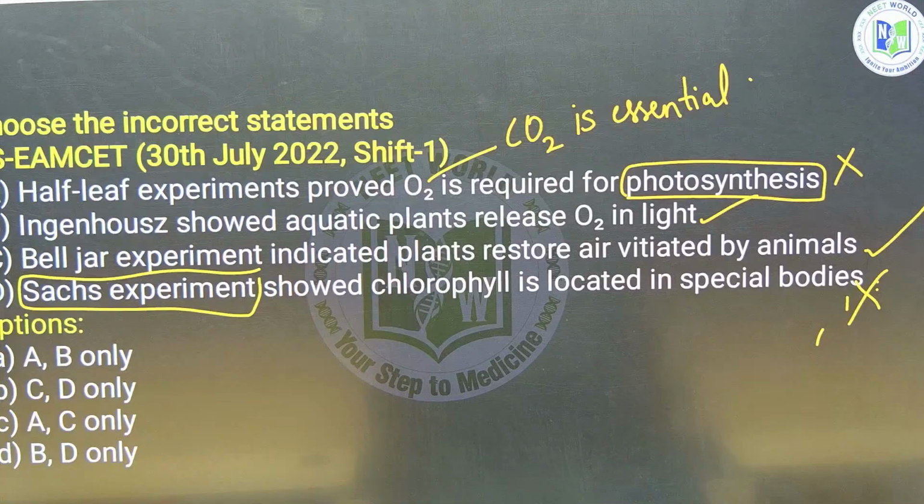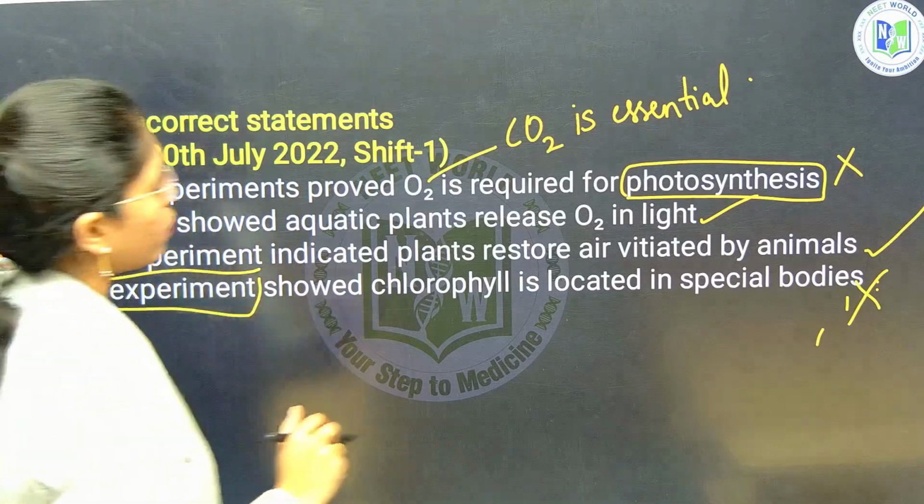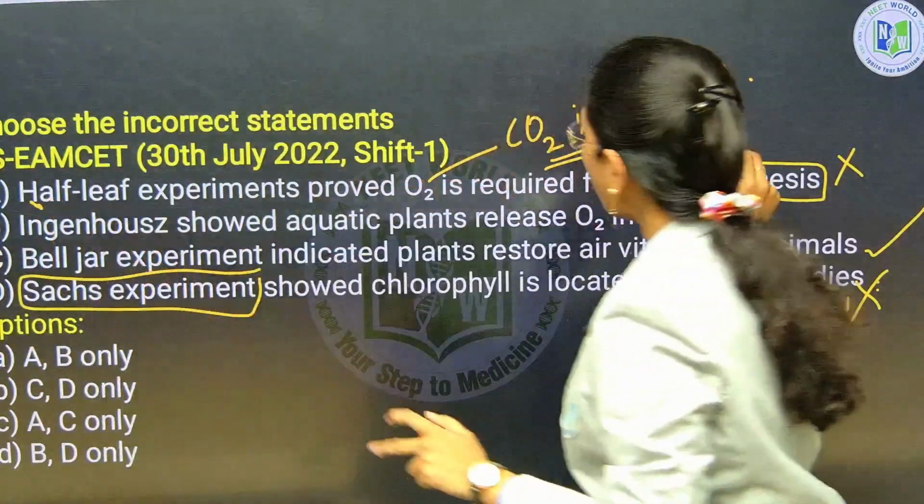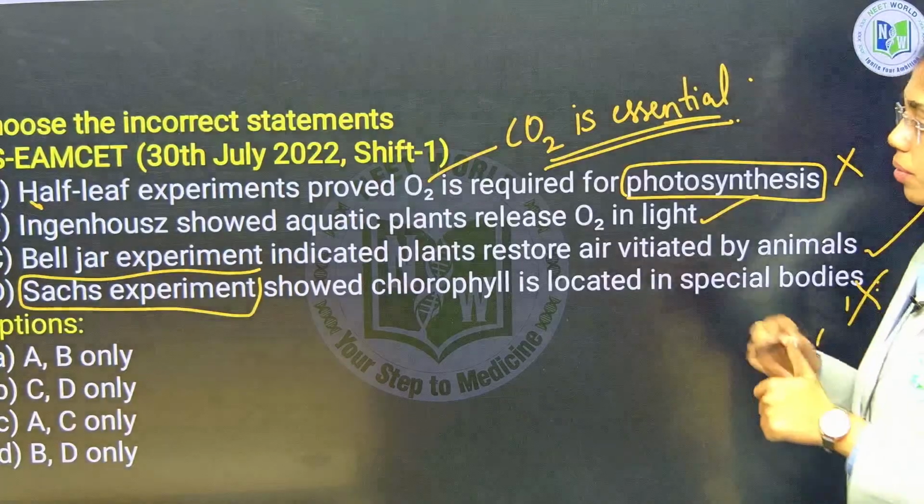So here, what is the right answer? Which are the two correct statements? B and C. Once again, look into it. Half-leaf experiment proved oxygen is required for photosynthesis? No. Carbon dioxide is essential is what the experiment told.